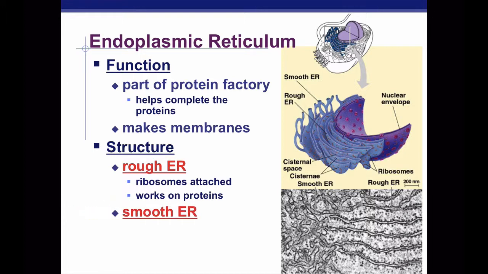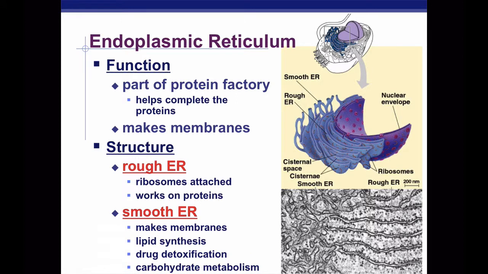And the smooth ER makes membranes, which is super important for a cell, especially when a cell is growing or it's repairing a damaged membrane. It helps with lipid synthesis, which means it makes fats. And if you remember, the phospholipid bilayer is a particular fat. Drug detoxification.